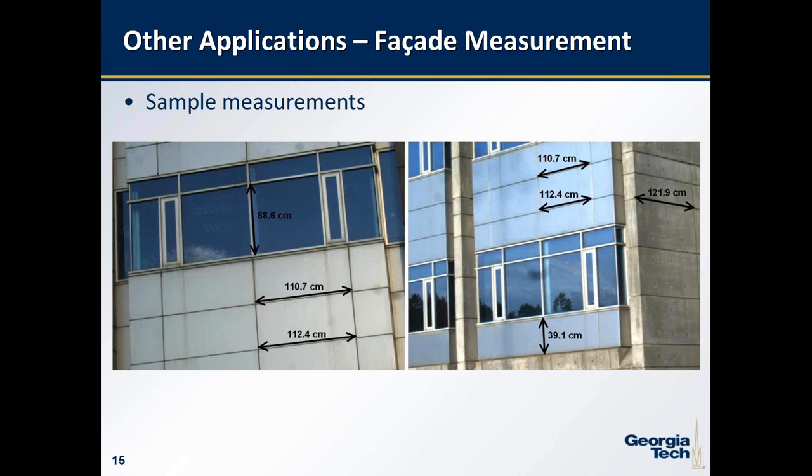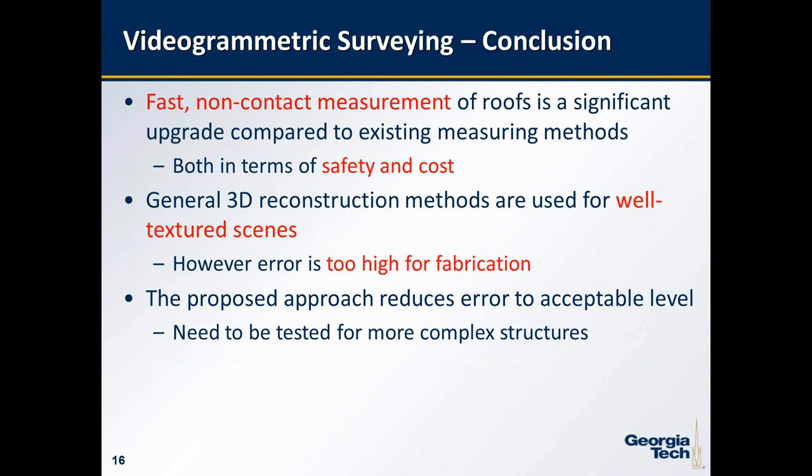Here you can see some examples. But if I want to conclude my presentation with the photogrammetric surveying part, I can say that the fast and non-contact measurement method that we presented for roof structures is a significant upgrade compared to the existing measuring methods, especially the tape measurement method, which is the standard practice in the industry, both in terms of safety and cost.